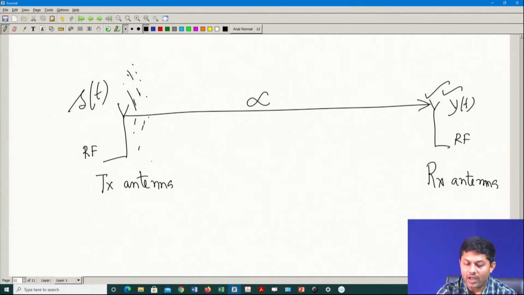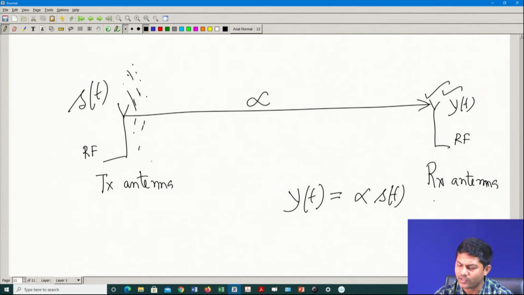So, when I transmit it, if I am in space or much higher above the ground, I may say that one electromagnetic ray can appear here, which will cause an electrical signal there. So, that is my view here: alpha S(t) plus noise. Noise will always be there, because there will be some thermal noise.